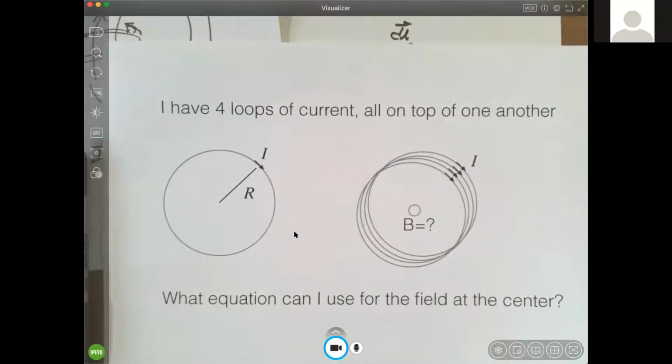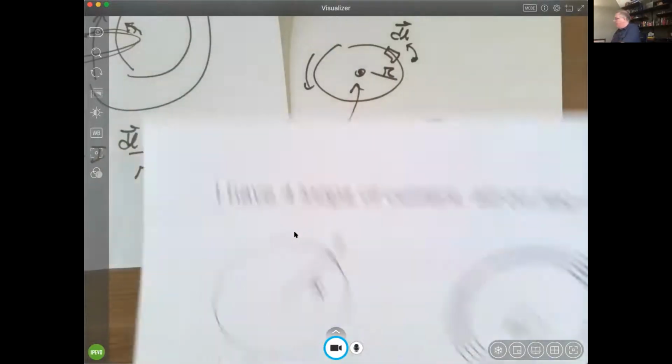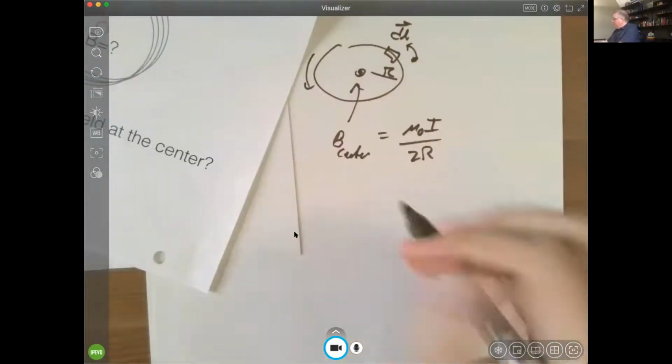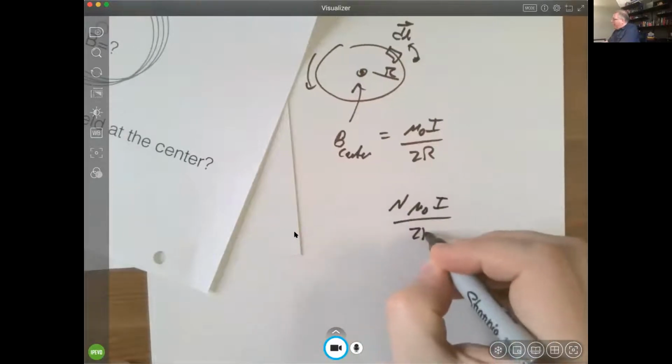Wouldn't it just be adding them all together? Right, 4. So it's just going to be 4 times that. So it'd just be this answer times 4. Exactly. That's it. Or if I have n loops, I would have n mu naught I over 2r, right?